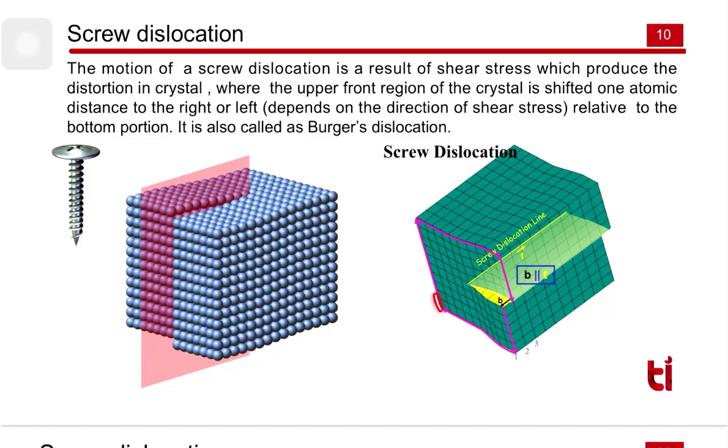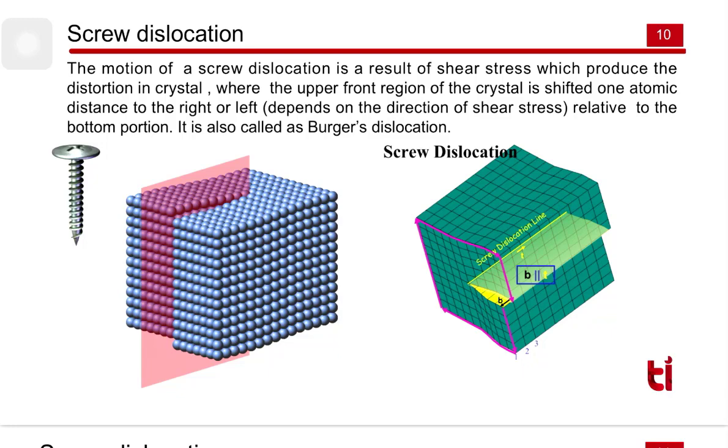To close this loop, I have to move one step. This is the step, one step to close this loop. So this is again a one interatomic spacing translation, and we are calling it a Burgers vector. Now this line is called the dislocation line.